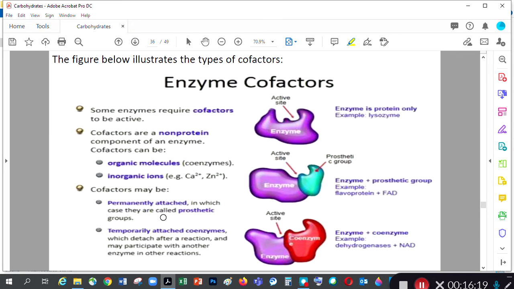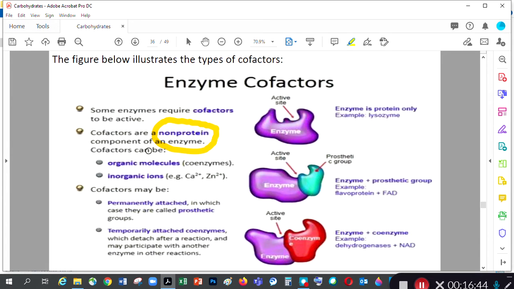So now let's look at this here. This picture gives us just the idea about those cofactors. Cofactors, this is very important, are not protein. They are non-protein. So they are not part of the amino acid chain. They are not produced in the body but taken as supplements, correct?